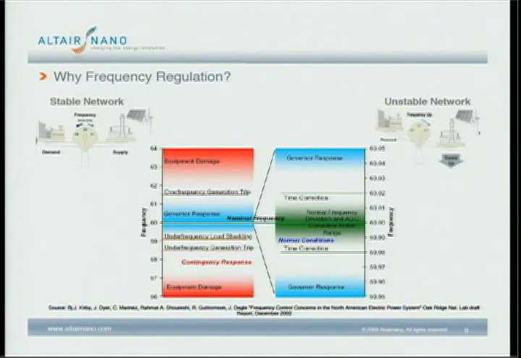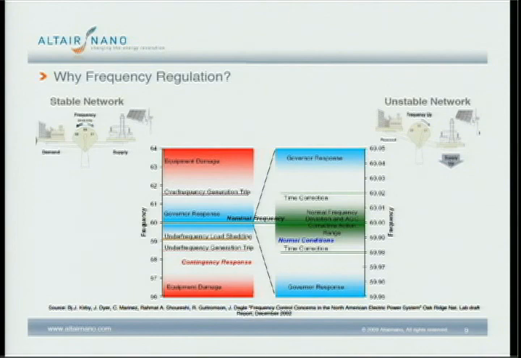So, first of all, this is looking at a 60 hertz nominal signal, and this graph on the right blows up this extremely tight circle right here. Around 60 hertz, the world is on a stable network trying to govern right around this 60 hertz signal. As you move away from it, just above 59, and a little more favor above 60, you're going to start looking at over frequency generation trip.